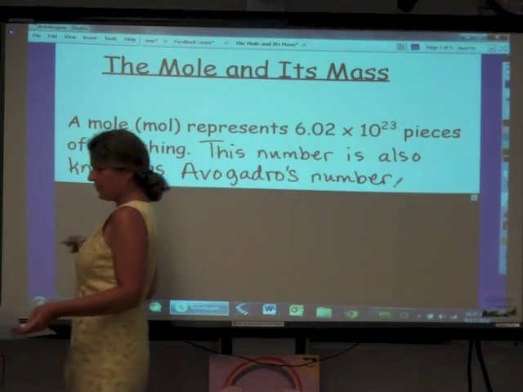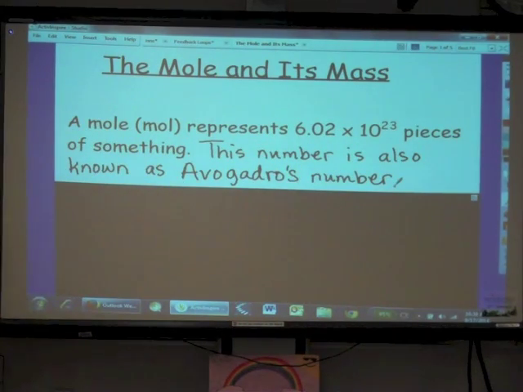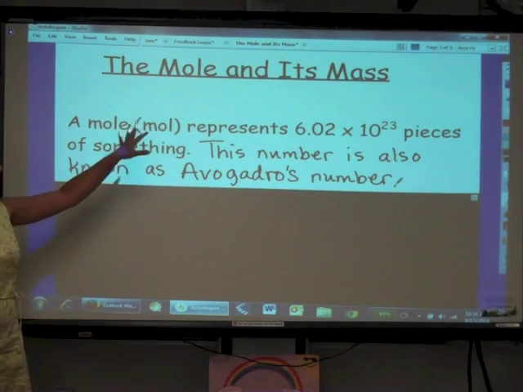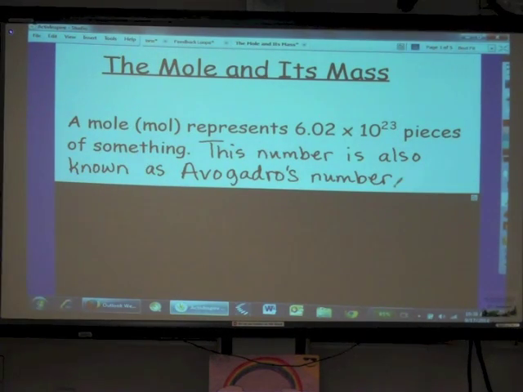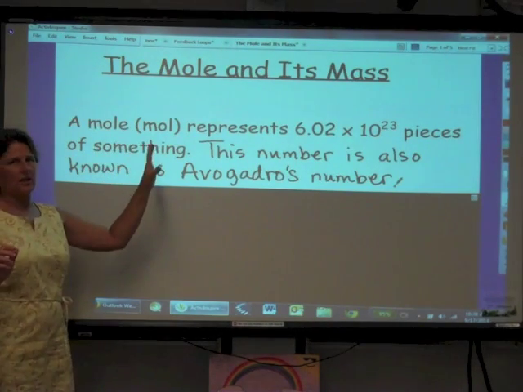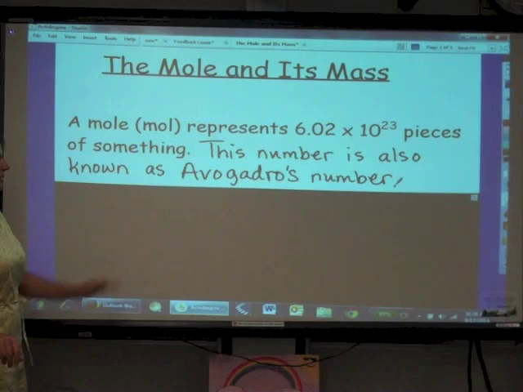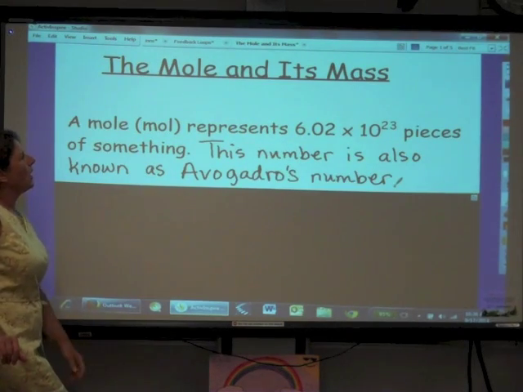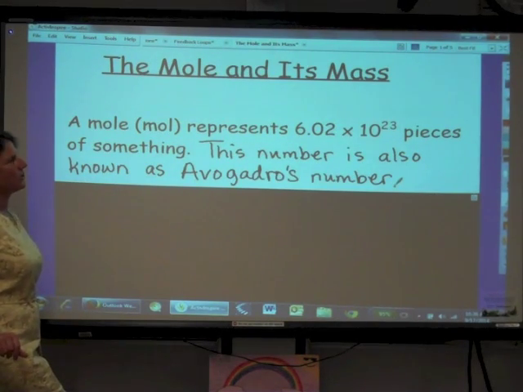It's named after an important Italian physicist who is commemorated with this quantity, who did work that led to this thinking, but that's off the topic. So a mole, 6.02 times 10 to the 23rd, is also known as Avogadro's number. All right, that's a lot of pieces.